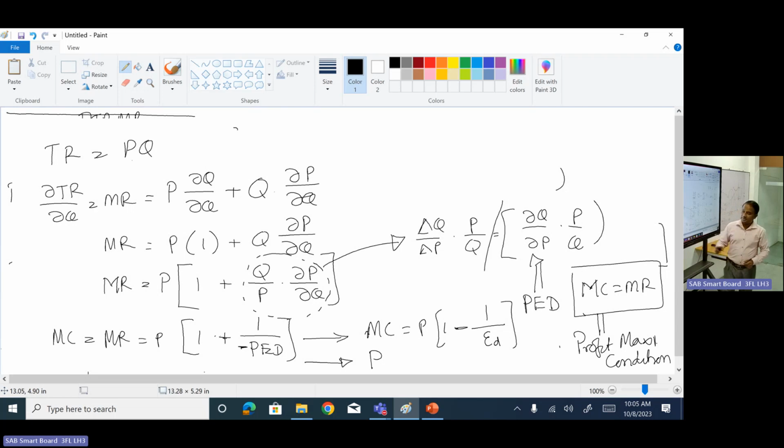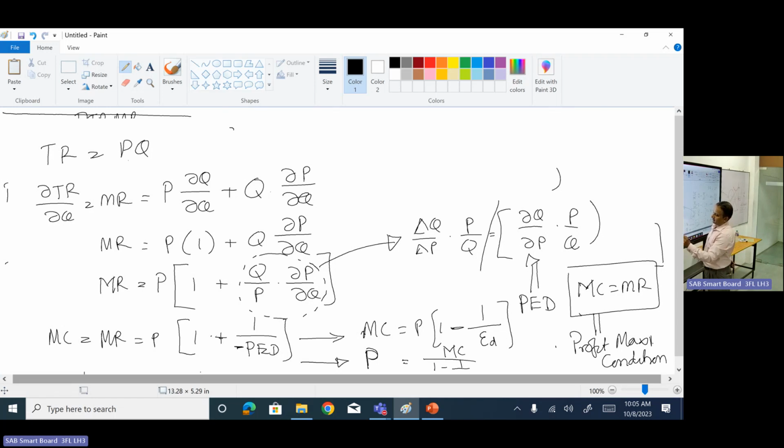At the profit maximum, MC equals MR, so we can write in terms of price. Price equals marginal cost divided by 1 minus 1 over E, where E is the price elasticity. Marginal cost or marginal revenue divided by 1 minus 1 over price elasticity.